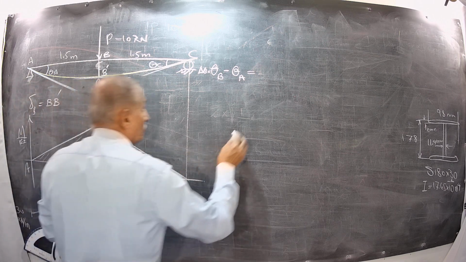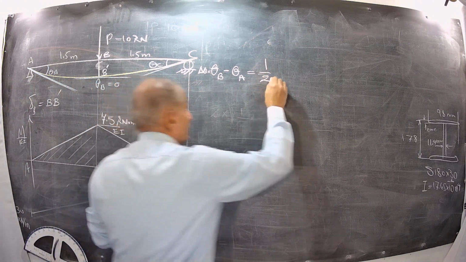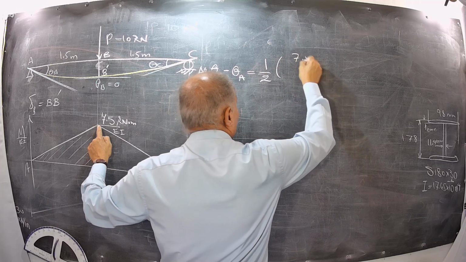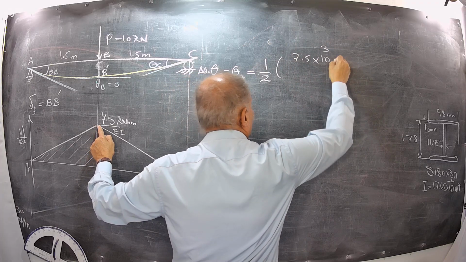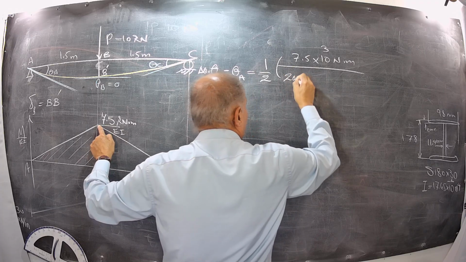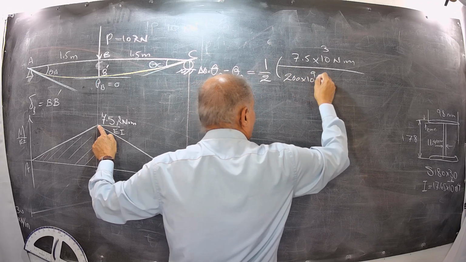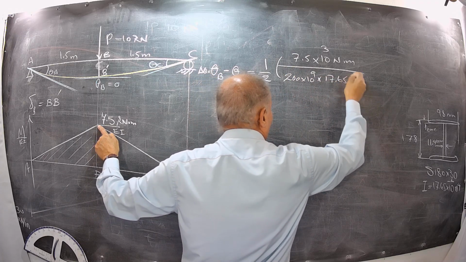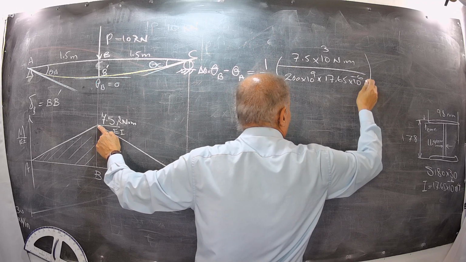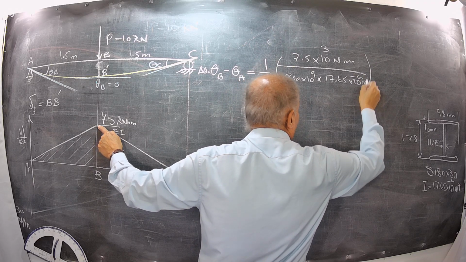area is equal to 1/2 of 7.5 times 10 to power 3 Newton meter, over 200 times 10 to power 9, times 70.65 times 10 to power minus 6. This is meter 4.